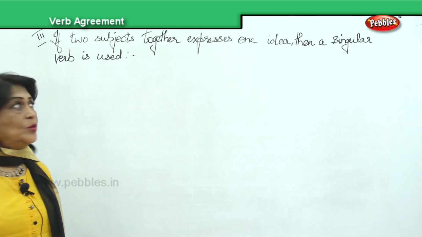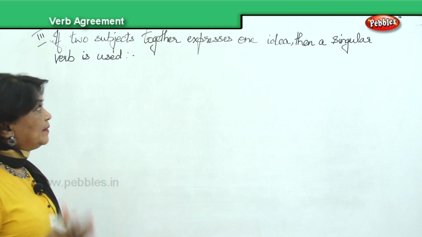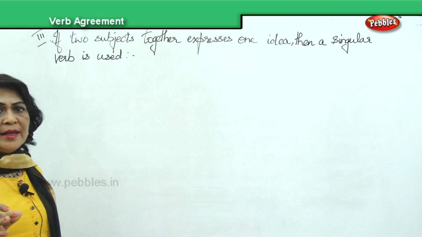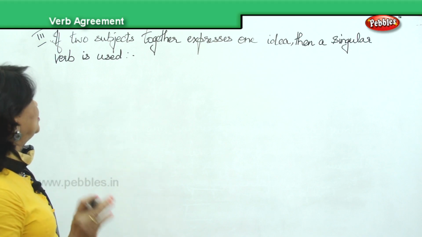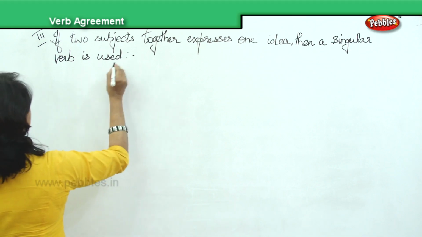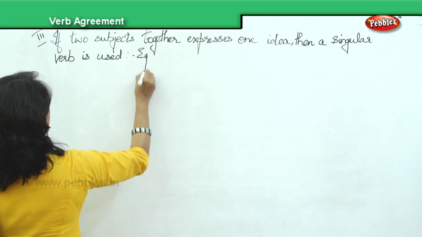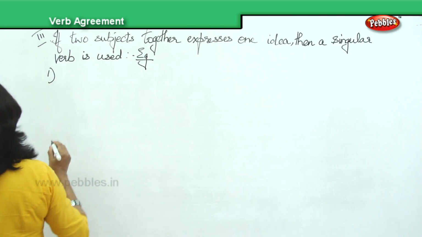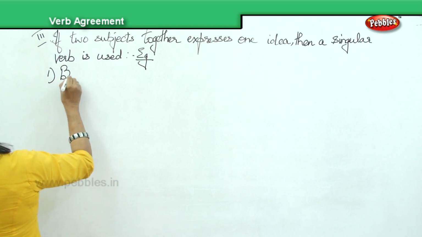Okay, if two subjects together express one idea, then a singular verb is used. Example 1. I told you already, bread and butter.